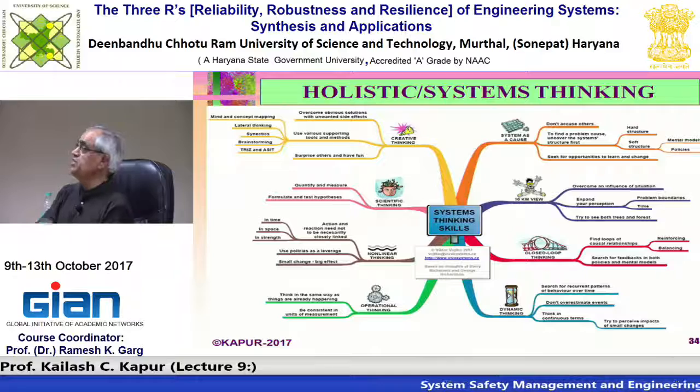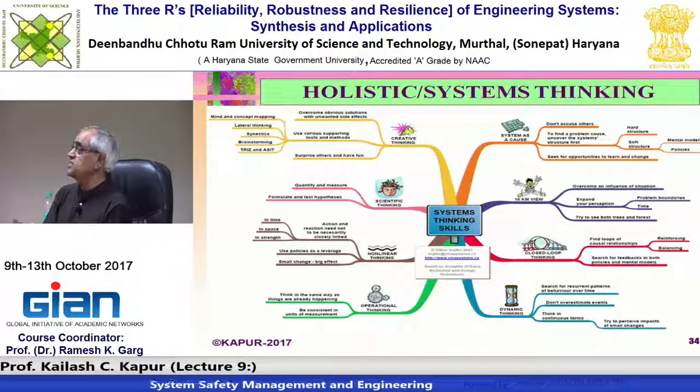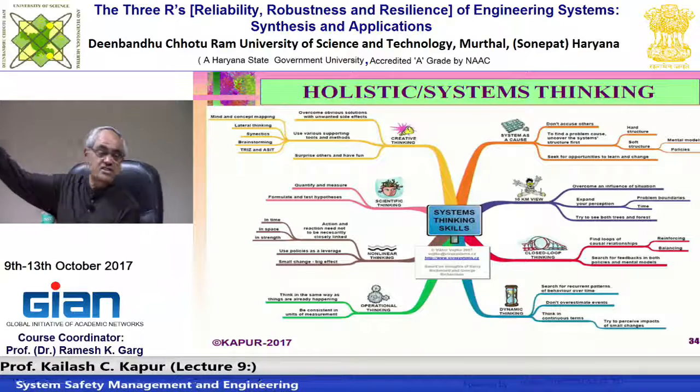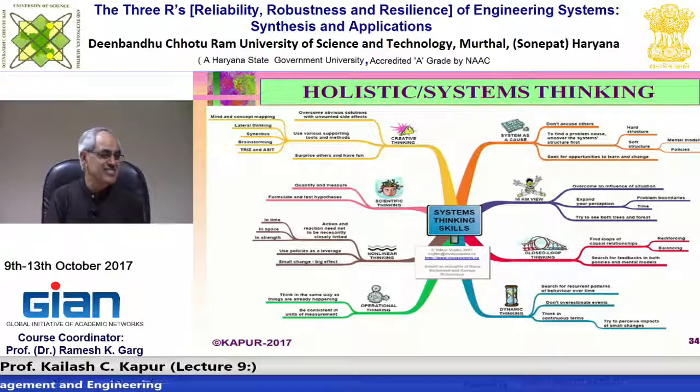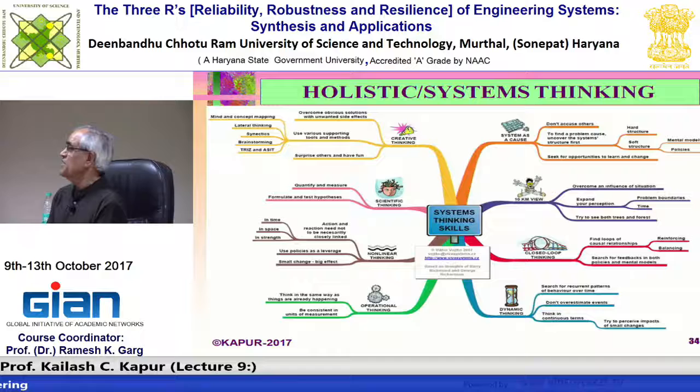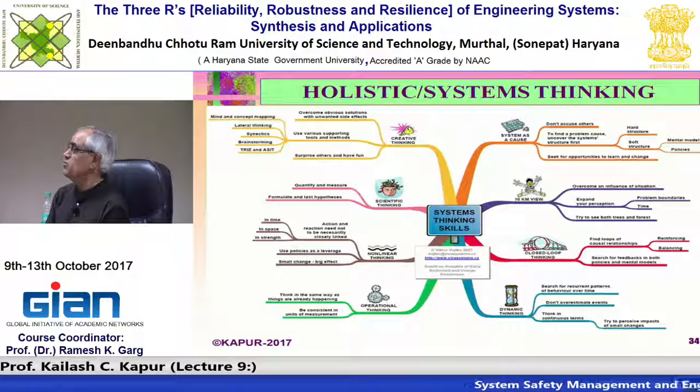So then we teach people systems thinking or holistic thinking. You can teach maybe 10 courses on this. So there is feed forward, and whether it's closed loop or open loop.